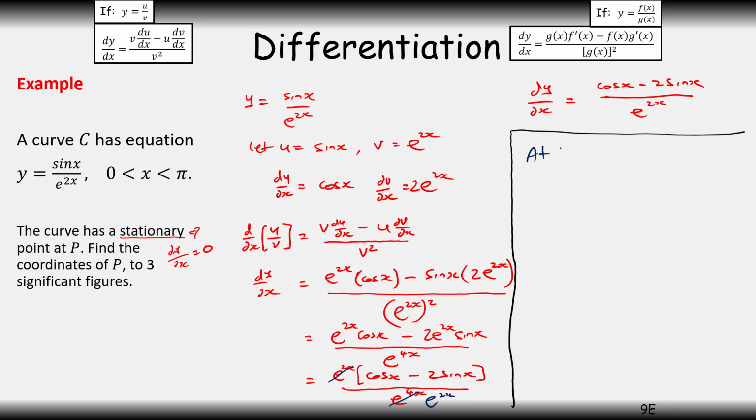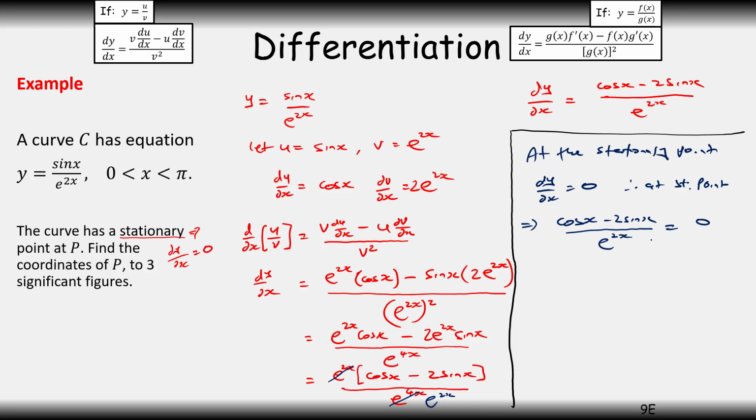At the stationary point, dy over dx is equal to 0, which implies that cos x minus 2 sine x all over e to the power of 2x is equal to 0.